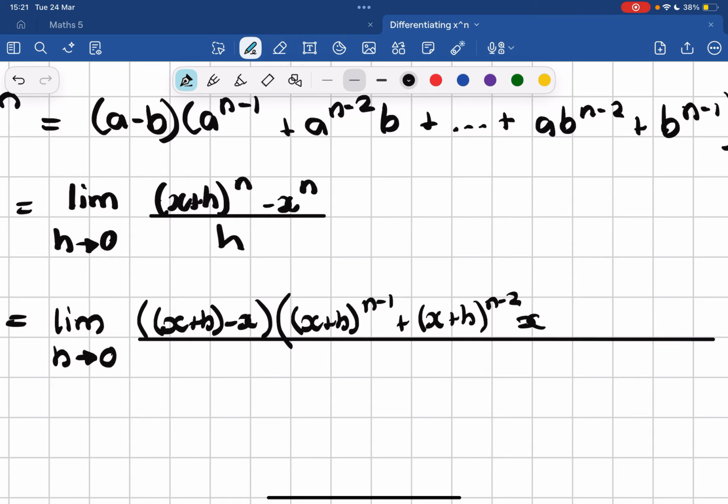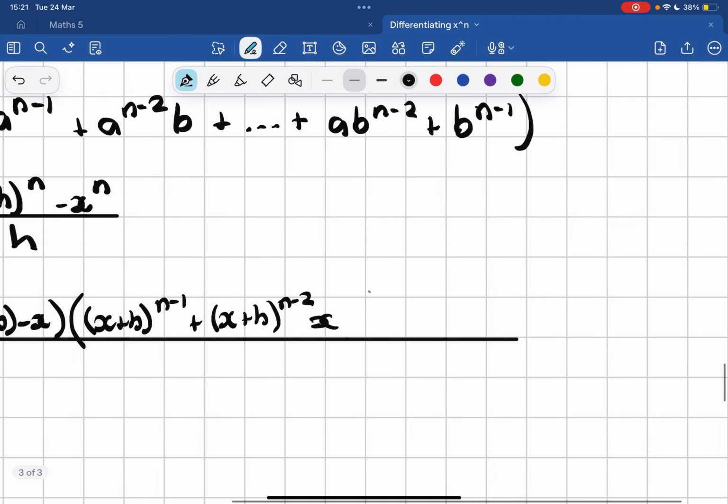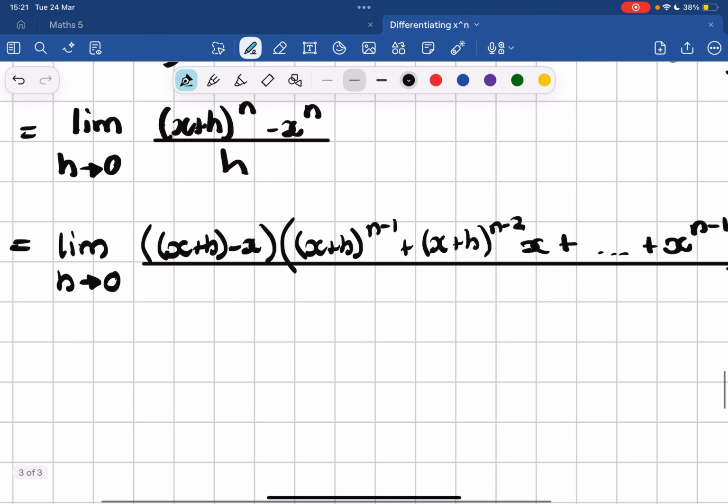Let's drag this line. It's not right at the next few terms. Let's say up until b to the n minus 1, so that's x to the n minus 1. And then over h.